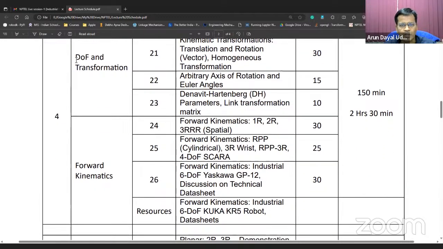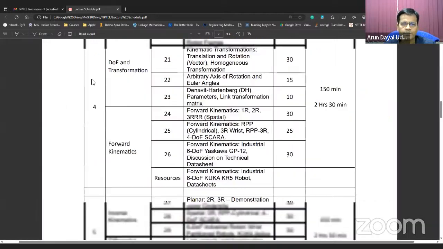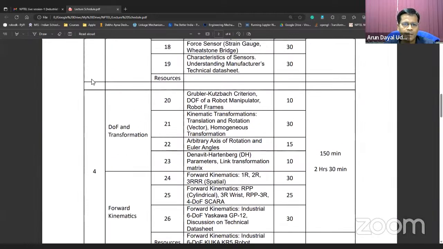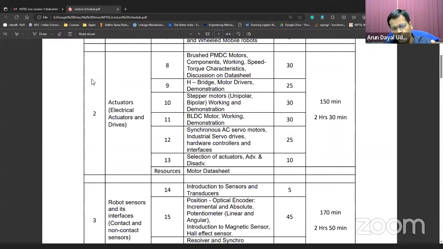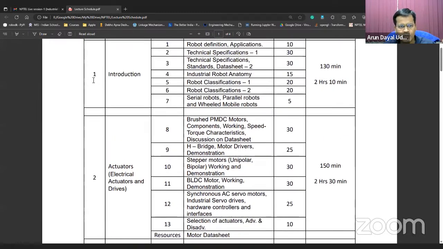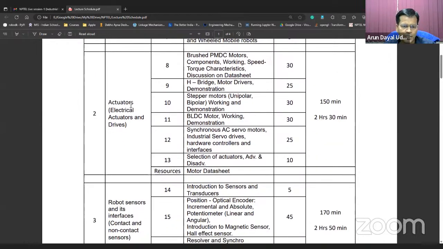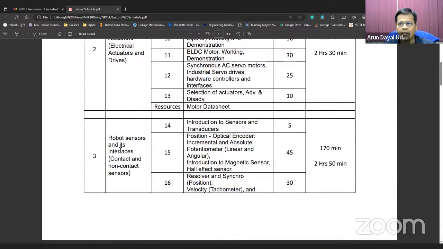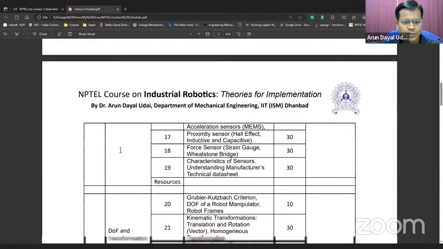Okay, so this is one of the most important modules you see. Apart from these, modules 1 to 3: first one was introduction, second one was actuators, third sensors. They are the mechatronics aspects of industrial robots that are covered here in this course.